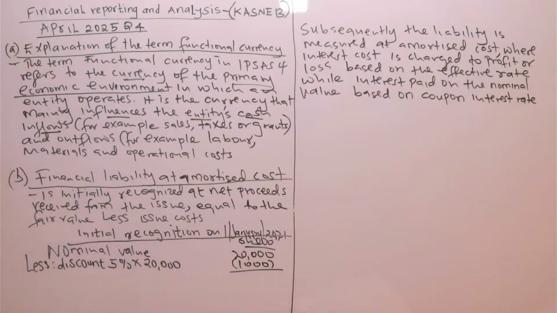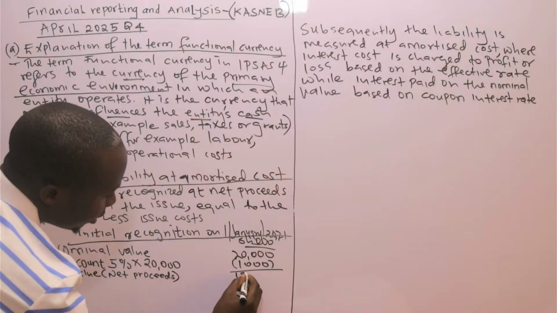So we have 19,000. That is the fair value, or in brackets, net proceeds. So that is 19,000.